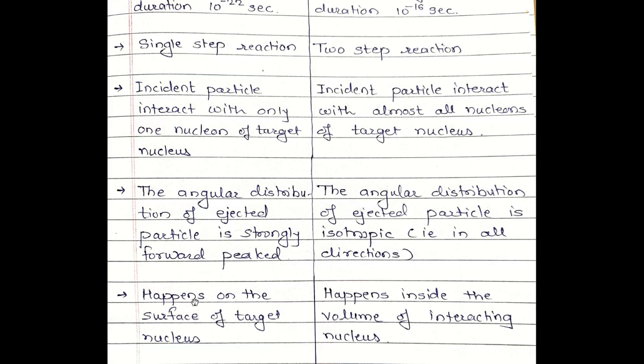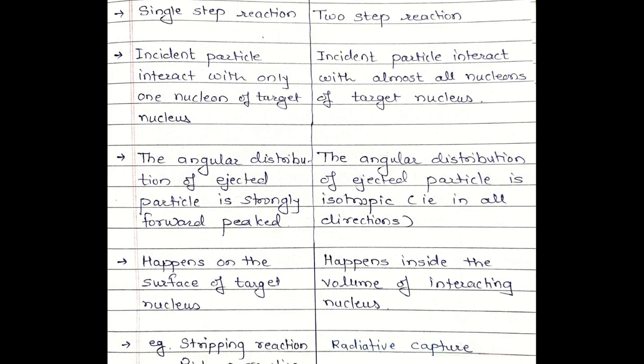In DNR, the incoming particle interacts only with the nucleon that is present on the surface, that is, any nucleon that is first in the interaction process. So we can say the direct nuclear reaction happens on the surface of the target nucleus, right? Whereas the compound nuclear reaction happens inside the volume of the interacting nucleus, and that's why the incoming nucleon could interact with all the nucleons.